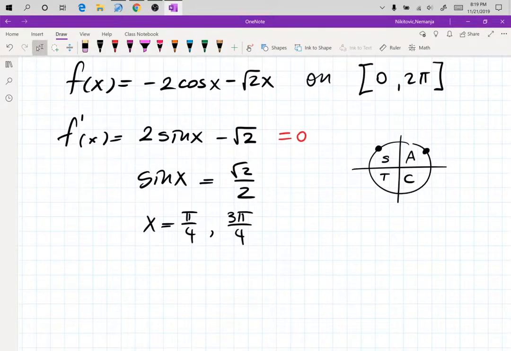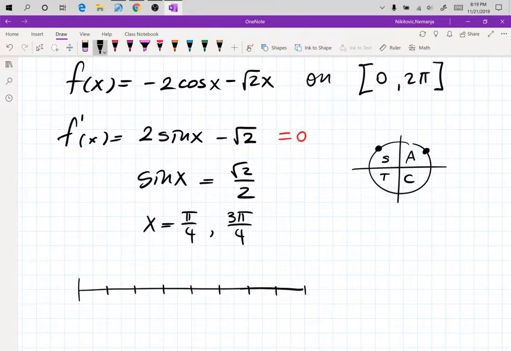So now I'm going to draw the partition. We have 0, pi over 4, 2 pi over 4, 3 pi over 4, 4 pi over 4, 5, 6, 7, 8, because 8 pi over 4 is 2 pi.